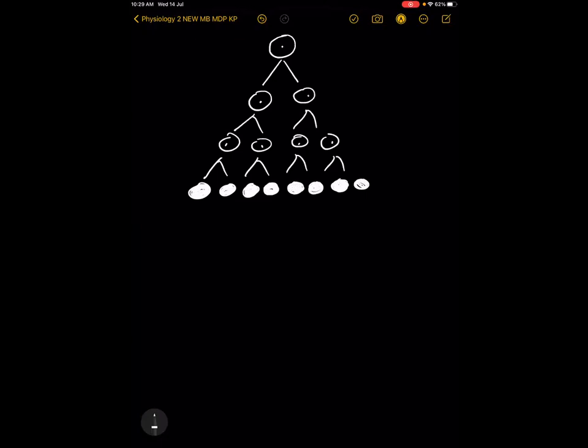So this part is differentiation. Here, these cells show differentiation.